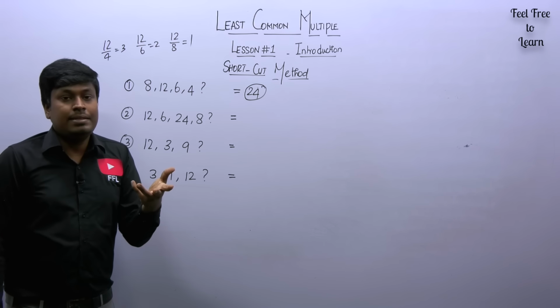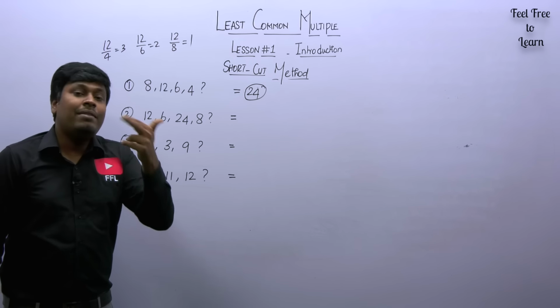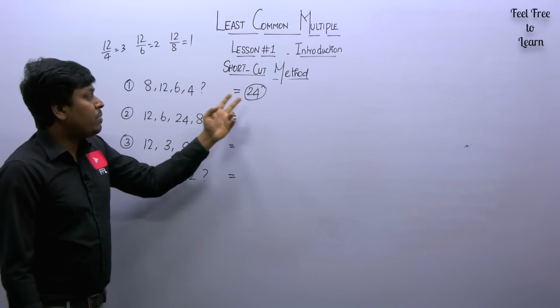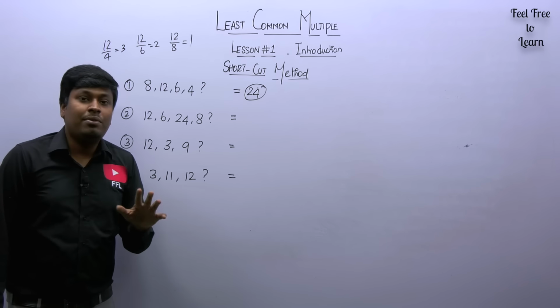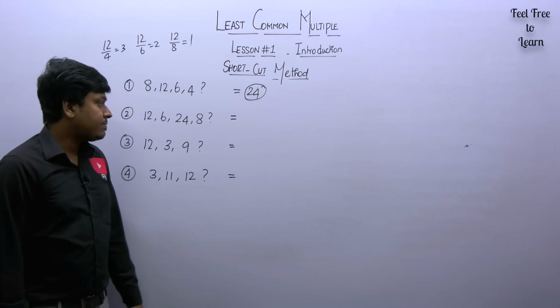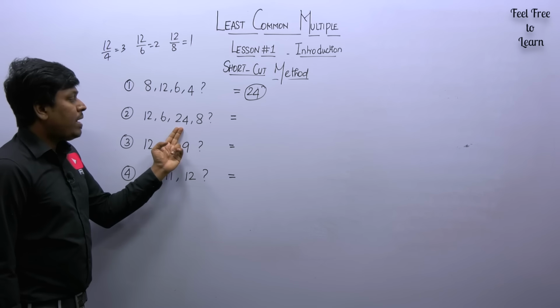So 12 is not the LCM. What should be the next step? You need to multiply 12 into 2. So 12 into 2 will be 24. Now 24 is divisible by all the remaining numbers. So we are saying that 24 is the LCM. Got it or not? So let me move to another example. So 12, 6, 24 and 8.